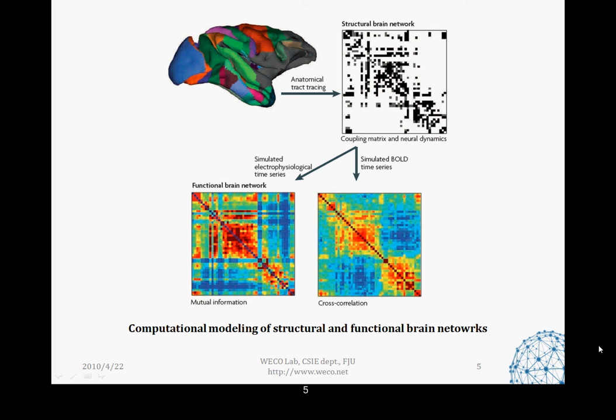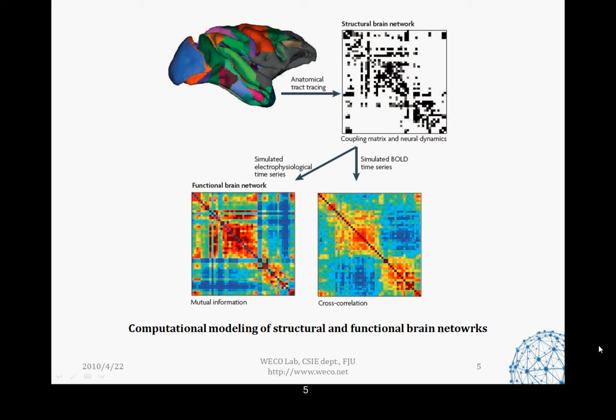From the picture we can see that this is a macaque brain, and there are different regions responsible for different functions. We see the structural connection of the brain and the build-up of the matrix, as I mentioned, and we then simulate with different techniques.